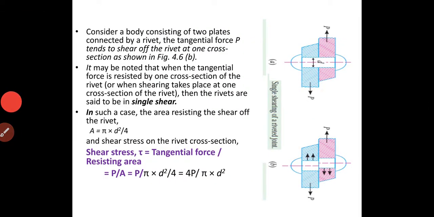Consider a body consisting of two plates connected by a rivet. The tangential force P tends to shear off the rivet at one cross section as shown in the figure.